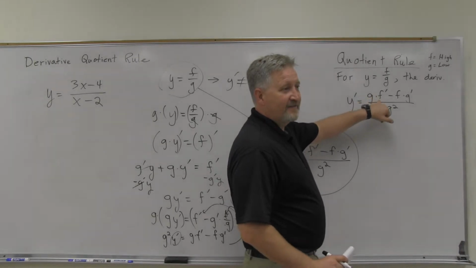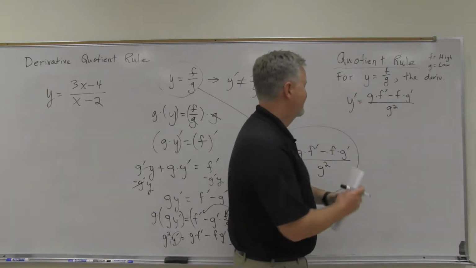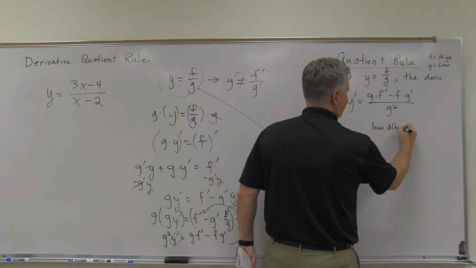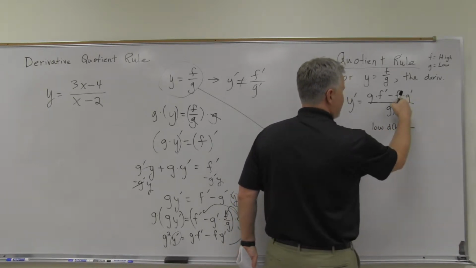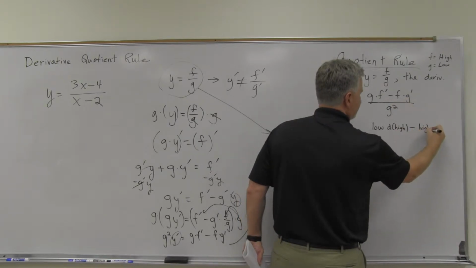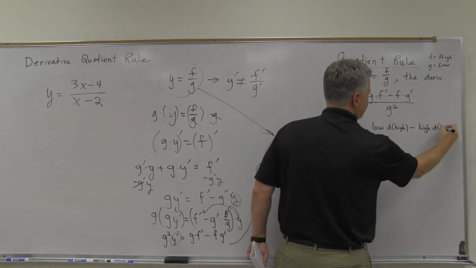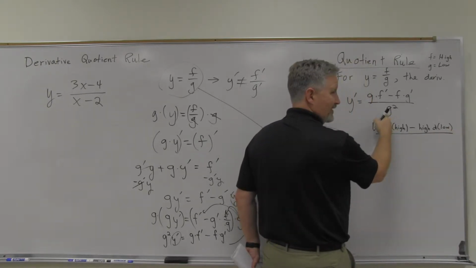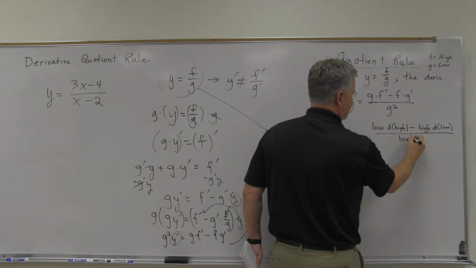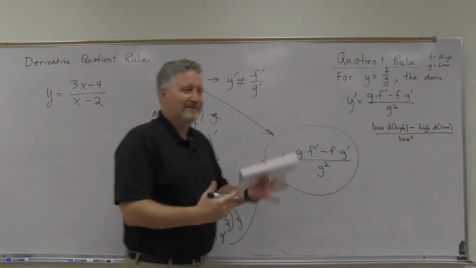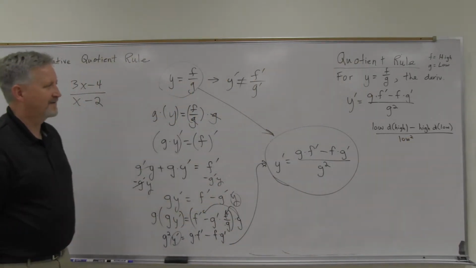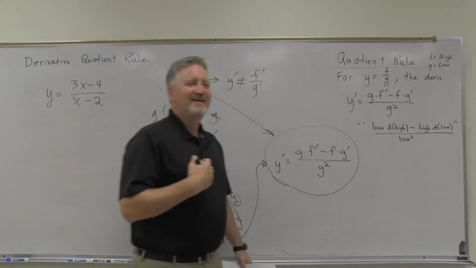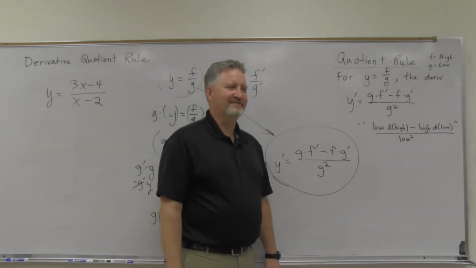Low times the derivative of high, low d high, minus f is high, d low, over g is low, so we've got low squared. That's how I remember it. There are other catchy things, but that's how I remember it. Low d high minus high d low over low squared.